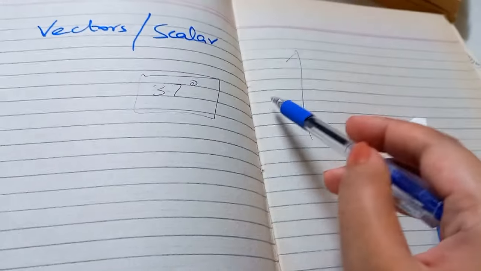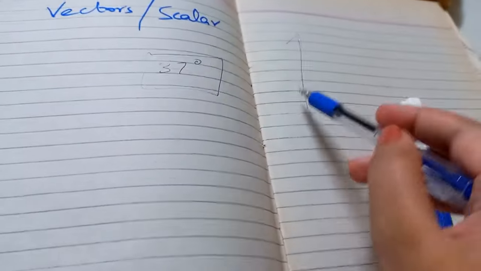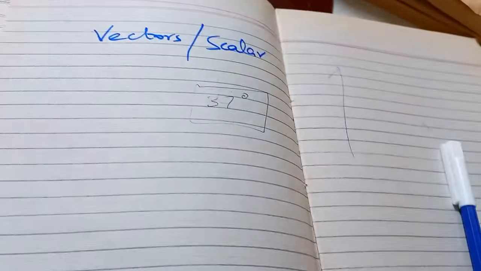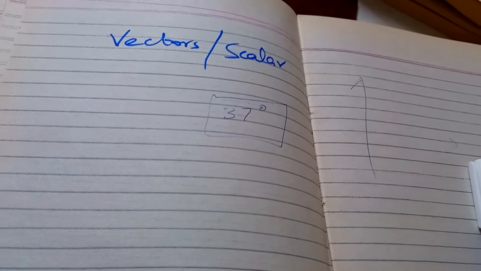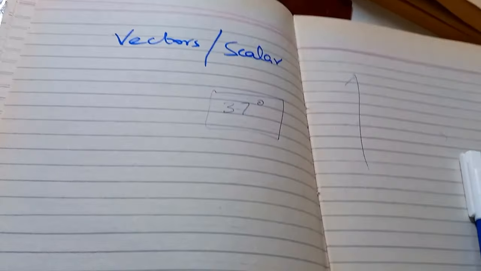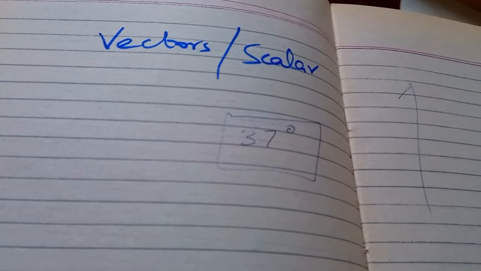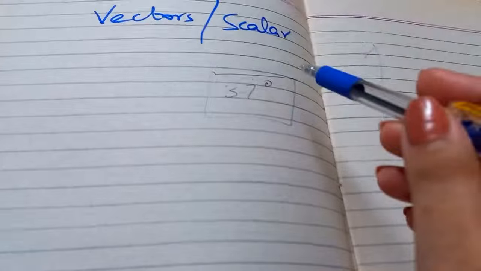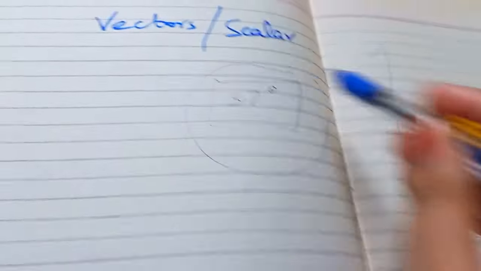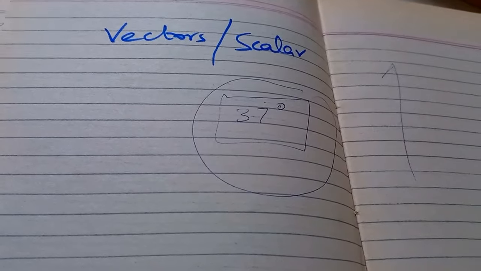You are not saying that it's 37 degrees in the x direction and 7 degrees in the y direction, and something else in the z direction. That doesn't matter. You do not need to specify the direction when you are talking about temperature. You need to know only the magnitude, not the direction.